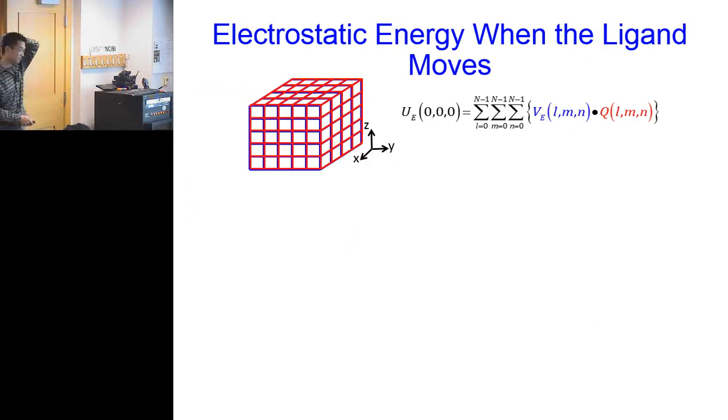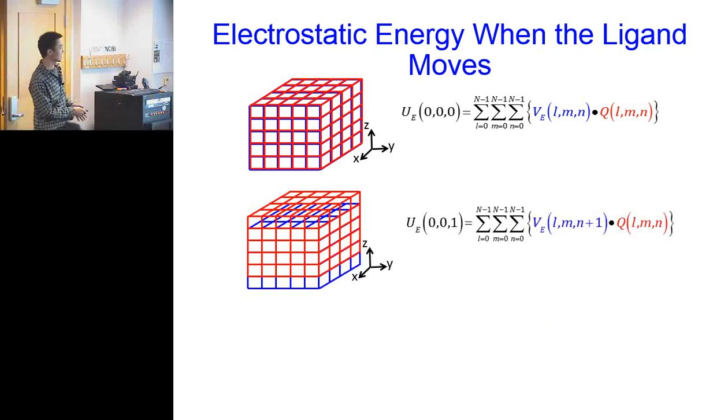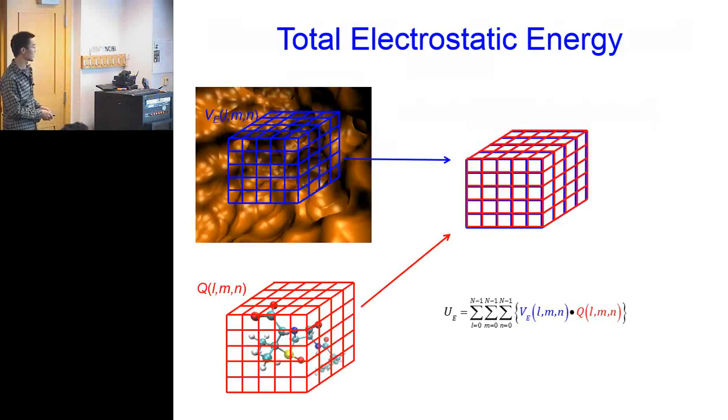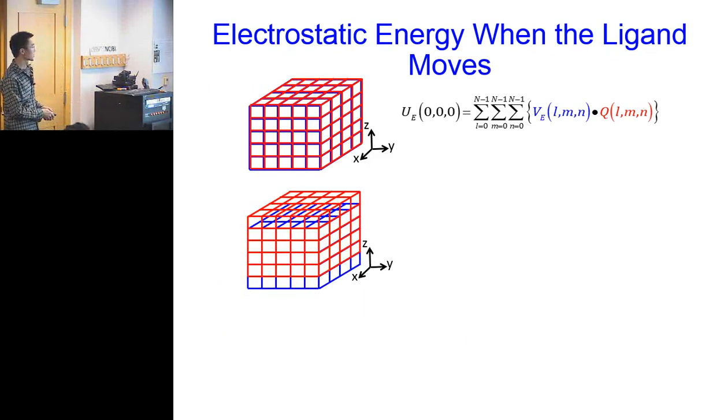But as I said, the ligand can move around the binding pocket, right? So this is the ligand, in red. The ligand can move up by 1 unit of the length of the unit cell.